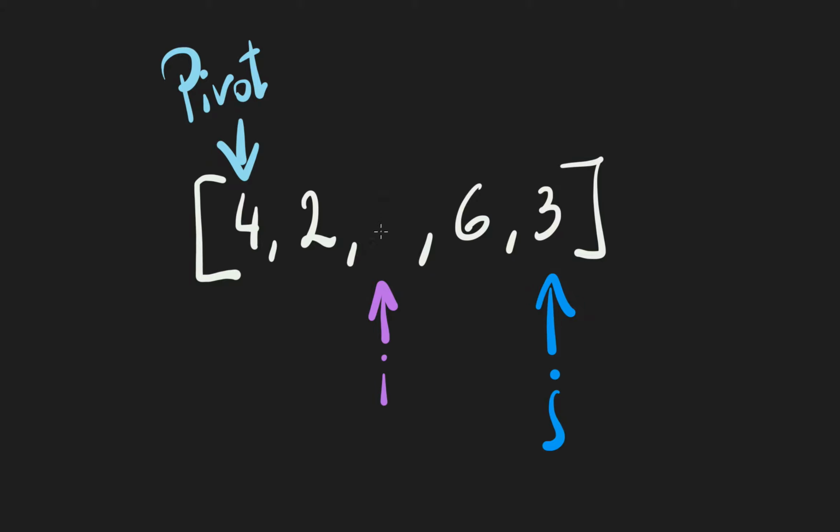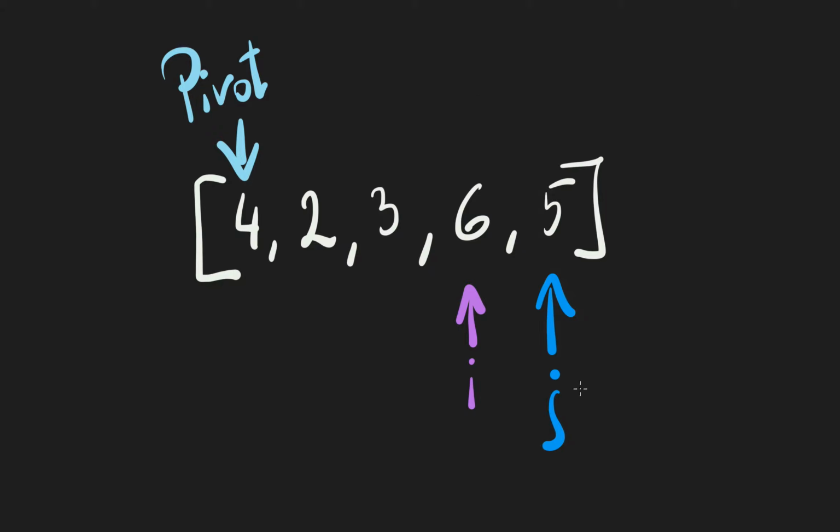So now 3 goes here and 5 is here. And again, we move i until we get a number bigger than our pivot. So 6 is bigger than the pivot.